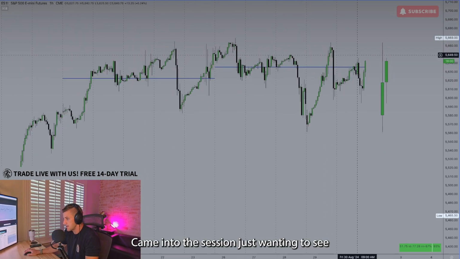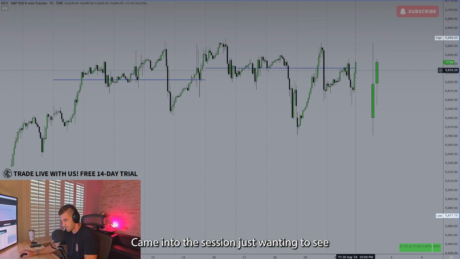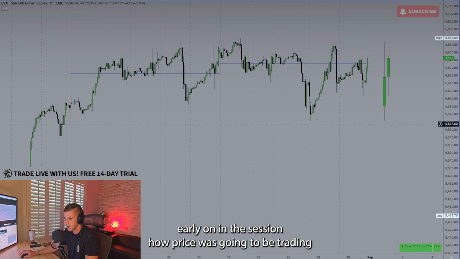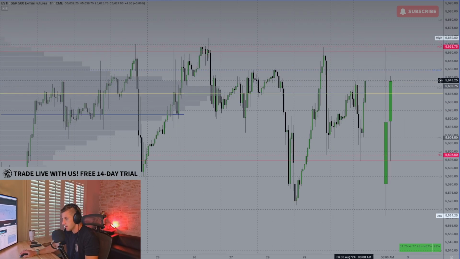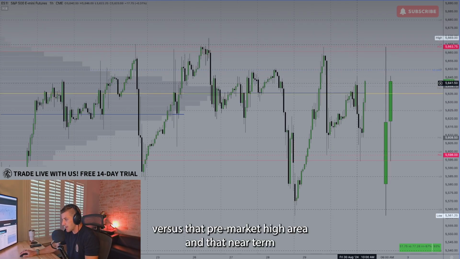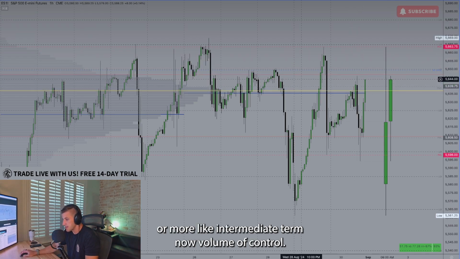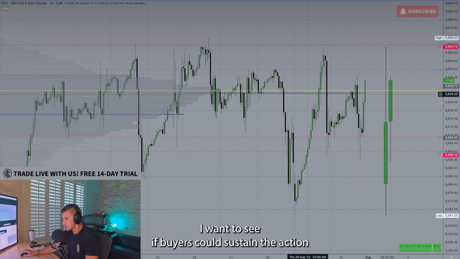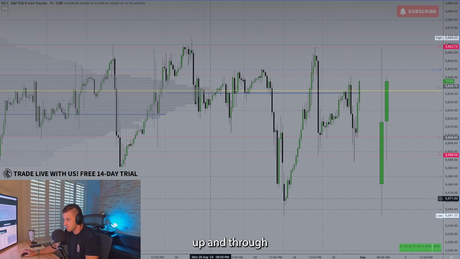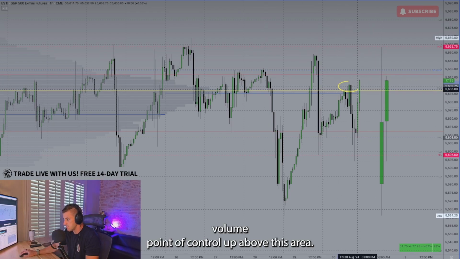ES. Came into the sesh just wanting to see early on in the session how price was going to be trading versus that pre-market high area and that near term, or more like intermediate term now, volume point of control. I want to see if buyers could sustain the action up and through that weekly volume point of control up above this area.